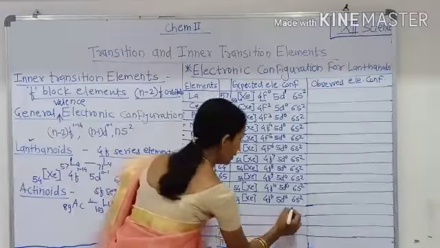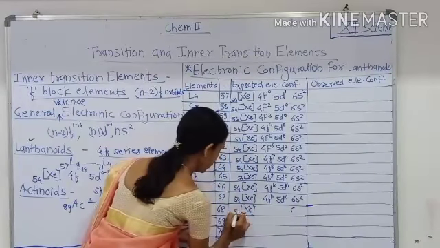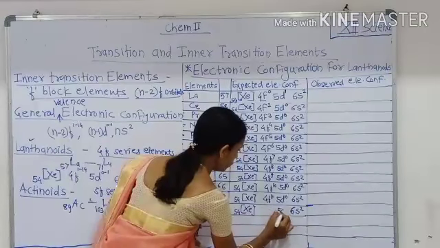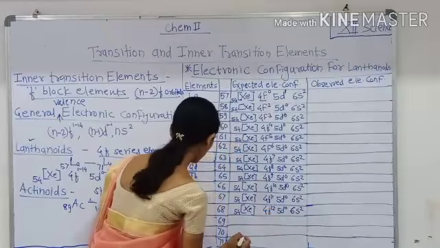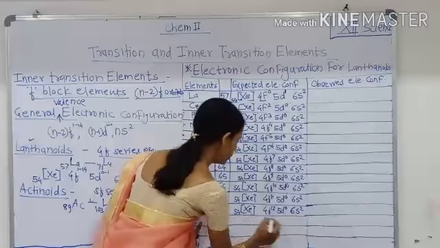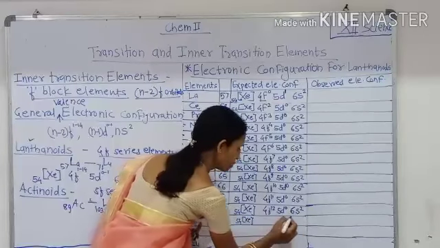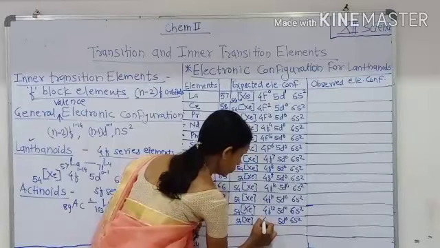For erbium, it is xenon 54, 6s2, 5d0, 4f12. For thulium, it is xenon 54, 6s2, 5d0, 4f13.